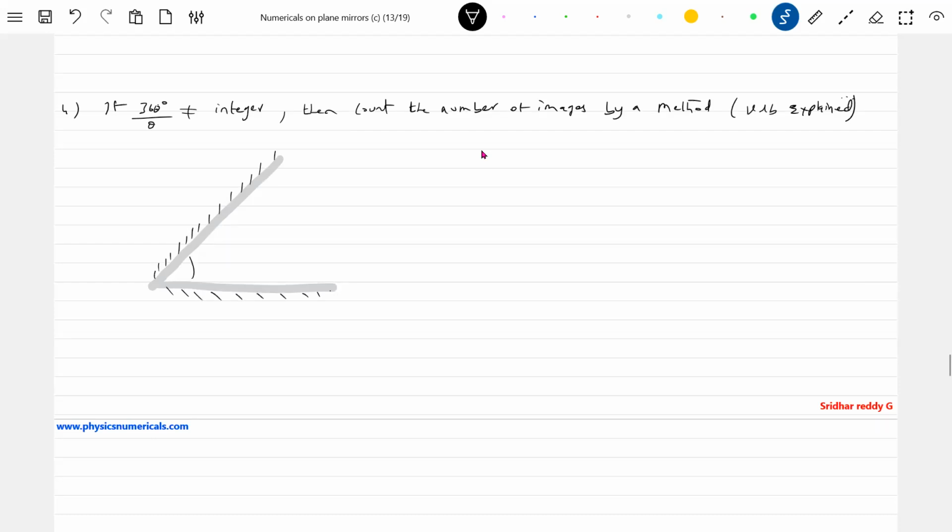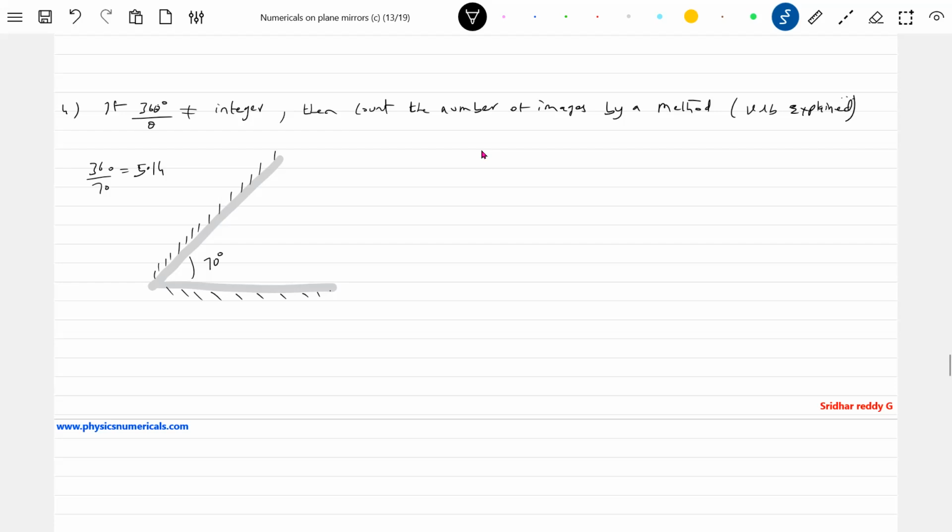So what is the angle between them? Let it be equal to 70 degrees. Now 360 by 70, using the calculator, 360 divided by 70 is 5.14. Do I have any formula?